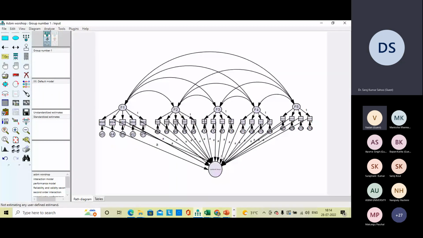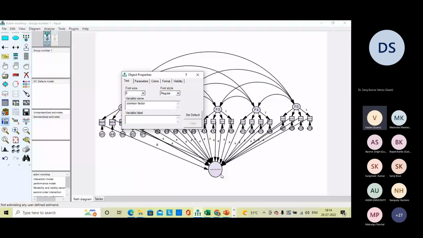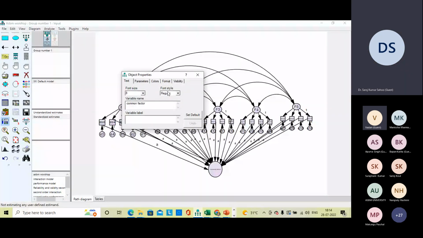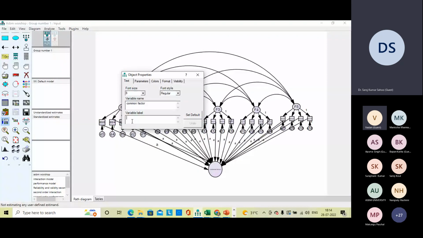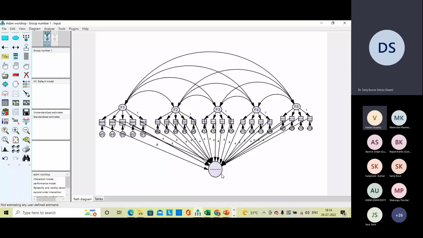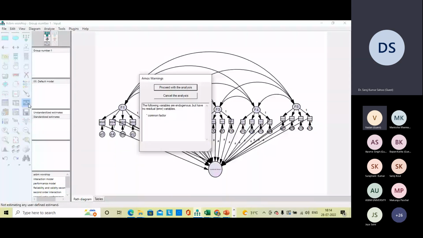This needs to be constrained by 1. Why is that not happening? Let us analyze. Proceed with analysis.